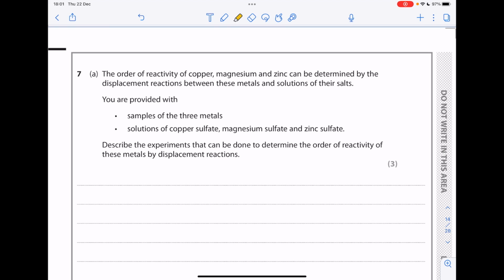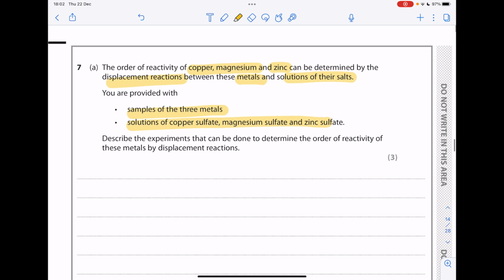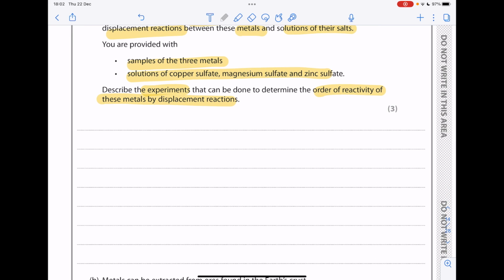The order of reactivity of copper, magnesium and zinc can be determined by the displacement reactions between these metals and solutions of their salts. You are provided with samples of the 3 metals, solutions of their salts. Describe the experiments that can be done to determine the order of reactivity of these metals by displacement reactions. So firstly, you want to place separate pieces of each metal into solutions of each salt.